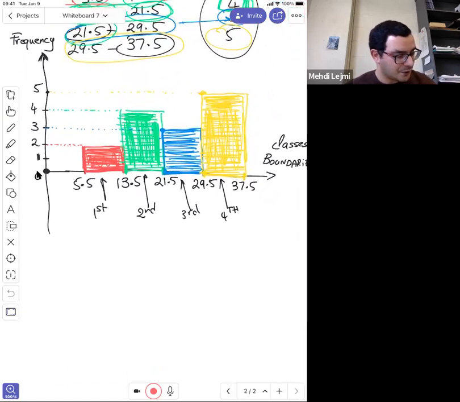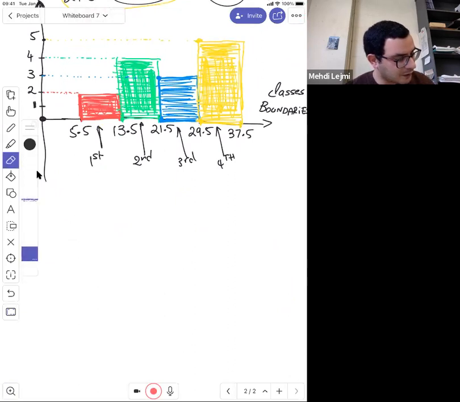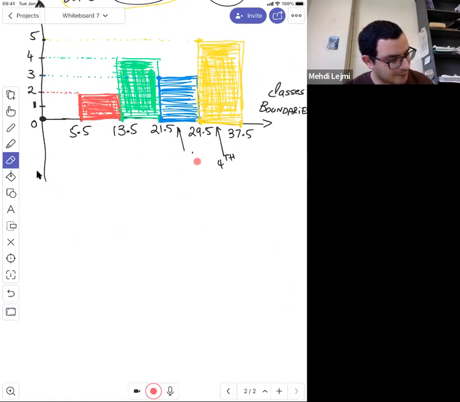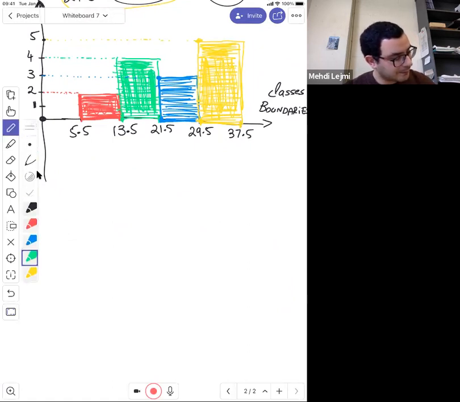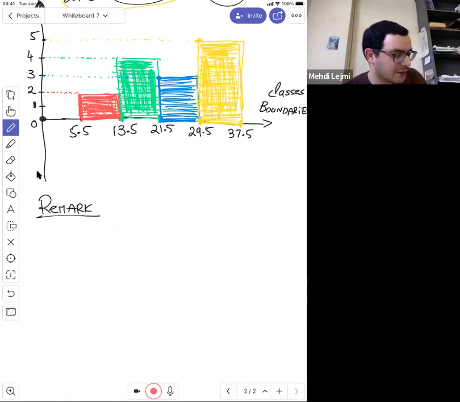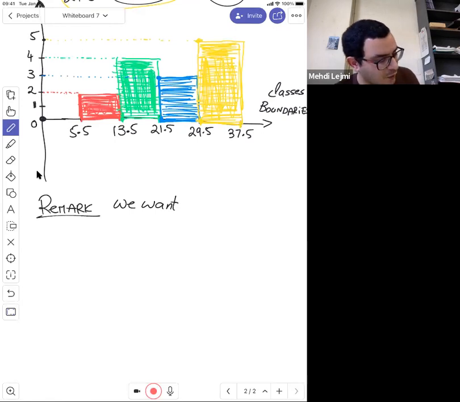Okay. So here, let me just make the following remark. Let me just erase this. So remark. Let's say we want to display relative frequency instead of frequency, right? Again, this depends on the problem. It's going to tell you whether you want to display the frequency or relative frequency, right?